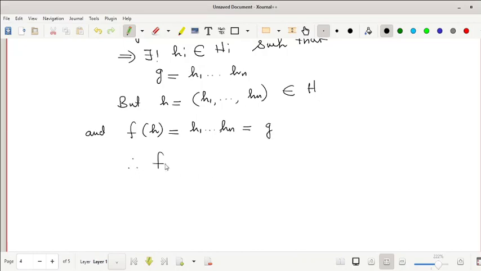Therefore, f is onto. So my function f is a homomorphism, one-one and onto.